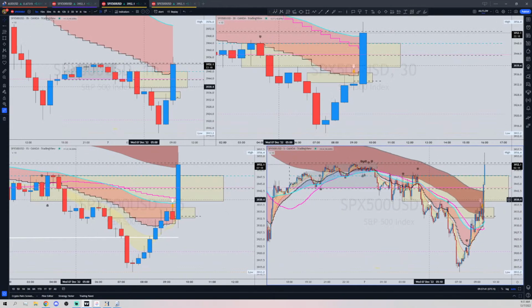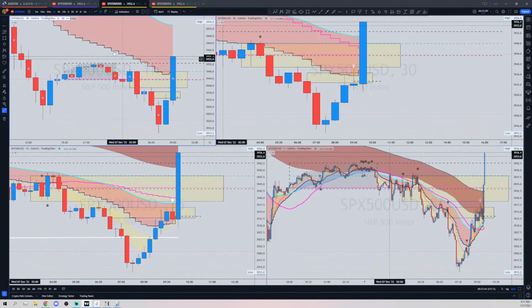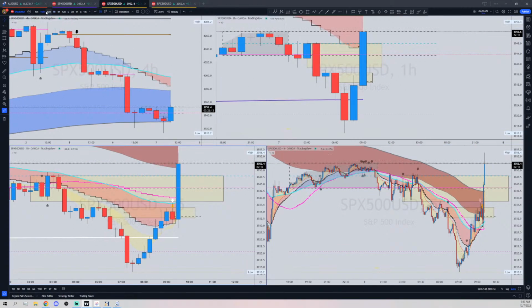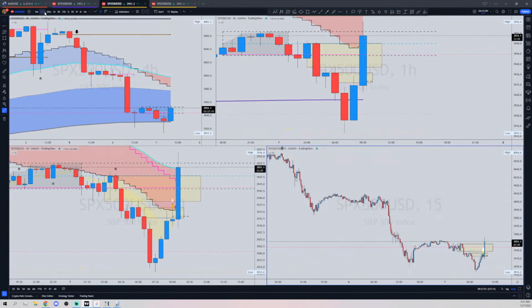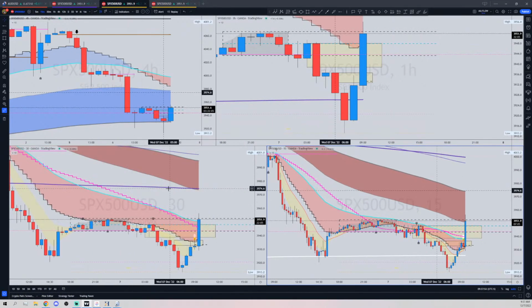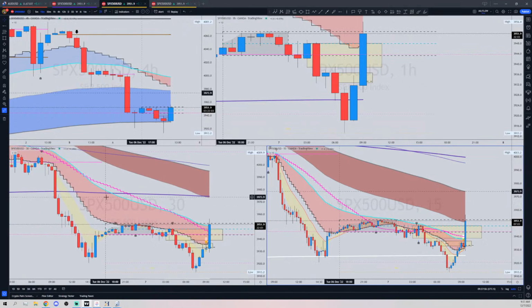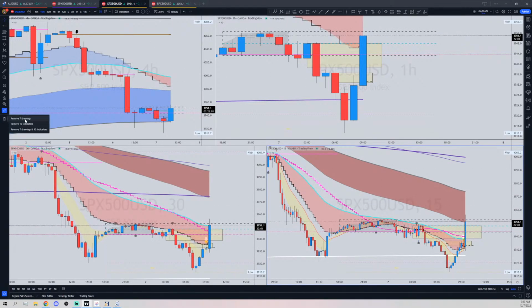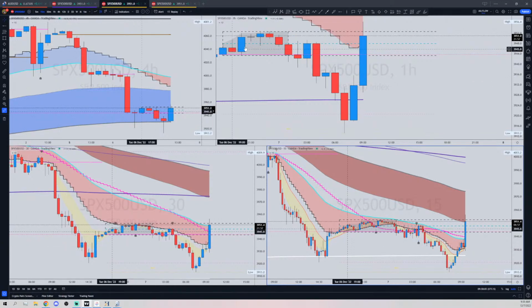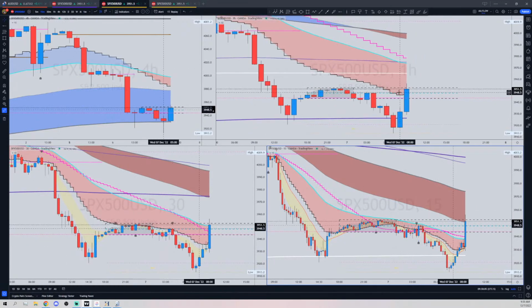Okay, so we're now obviously done playing with the 5 minutes, so let me bring everything back to the correct time. Me, I'm seeing price reject the 20 EMA, 50.